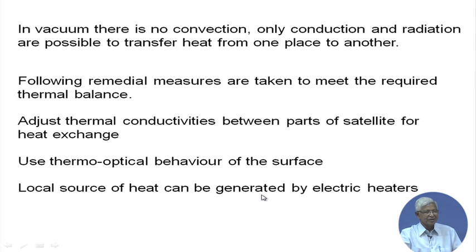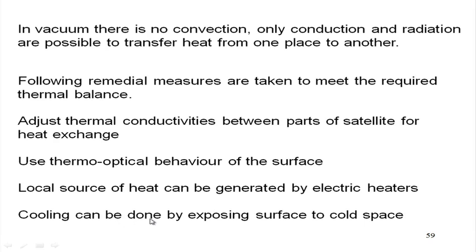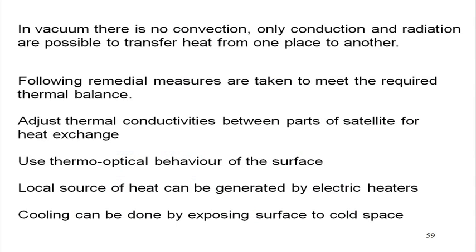When it is going extremely cold, you can switch on certain local heaters. Cooling can be done by exposing some hot spots towards cold space so that radiation can take place. There can also be heat pipes, metal pipes with some fluid inside, attached to the hot spot, which carry the fluid in convection mode to the colder area. There are various techniques people use.